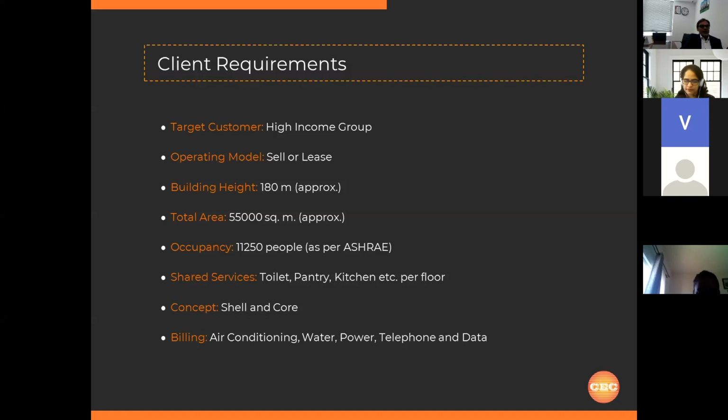So we ask this question fundamentally. Then, what is the building height? Normally we keep the pressures in the building less than 10 to 12 bar. Beyond that, it becomes difficult to handle. It's dangerous. When we say 10 to 12 bar pressure, the height correlates to almost 100 to 120 meters. Now, the notification says that 180 meters is the building height.